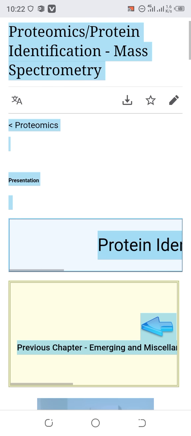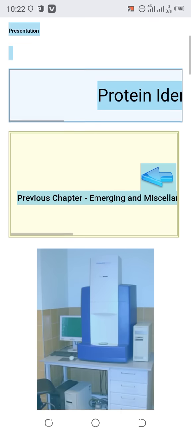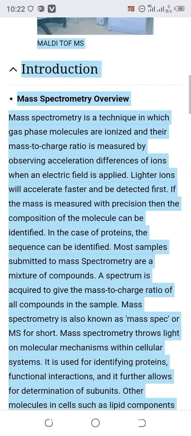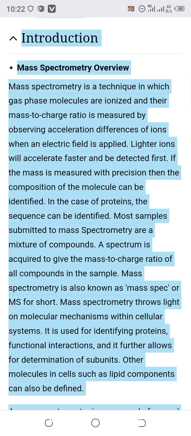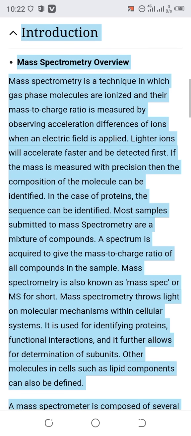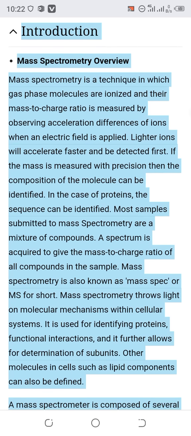Today our topic is about proteomics protein identification mass spectrometry. Mass spectrometry is a technique in which gas phase molecules are ionized and their mass to charge ratio is measured by observing acceleration difference of ions where an electric field is applied.